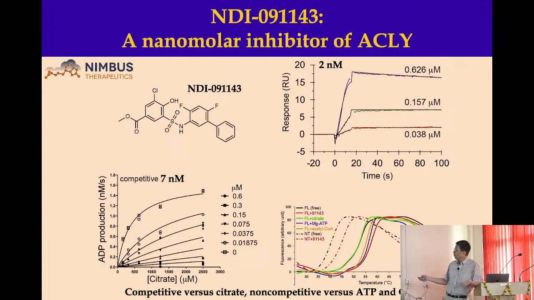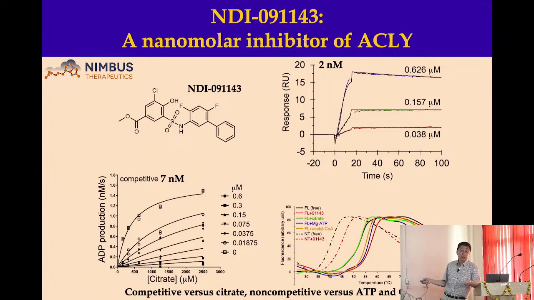And similarly, the full-length enzyme, which is the filled black curve right here, is more stable, with a melting temperature in the 50-some degrees. When you add citrate to it, it doesn't care. Citrate doesn't stabilize the enzyme. But when you add a compound to it, which is the red curve right here, you see, again, a very large stabilization, 5 or 6 degrees.